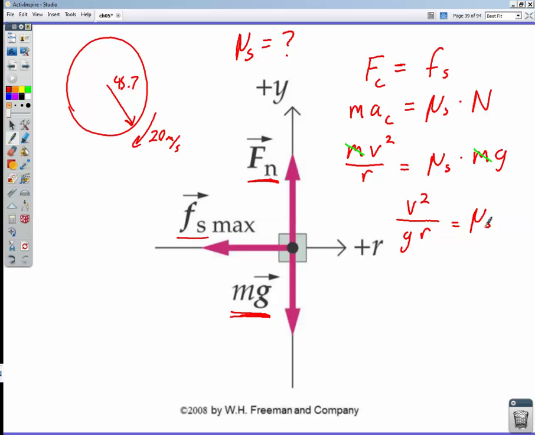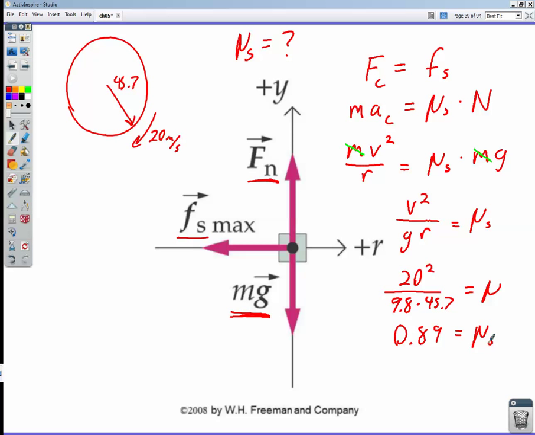Plugging in numbers, we've got 20 squared over 9.8 times 45.7, equal to mu. Plugging that into the calculator, we end up with 0.89 for our minimum coefficient of static friction for this car to be able to go that fast through the curve.